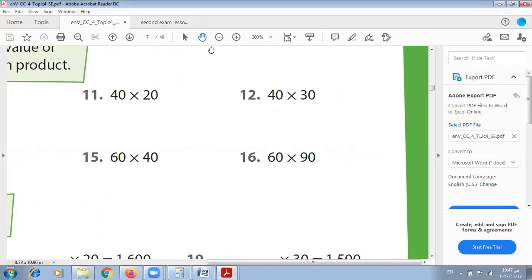Is to multiply the non-zero digits like this. I will multiply now 9 times 6, that will be 54. So 54. Then I have two zeros, so it will be what? 5,400. That's it.